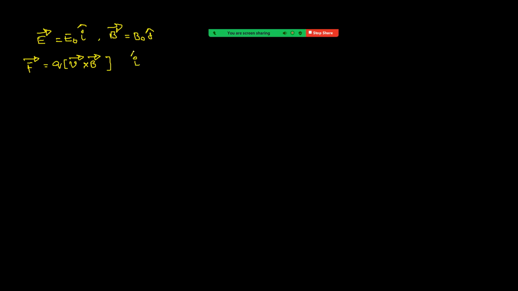The magnetic field is along the y-axis, so it is j cap. So i cross j is k cap. That means because of the magnetic force, the force is along the positive z-axis. So the velocity now has two components: an x component because of the electric field and a z component.